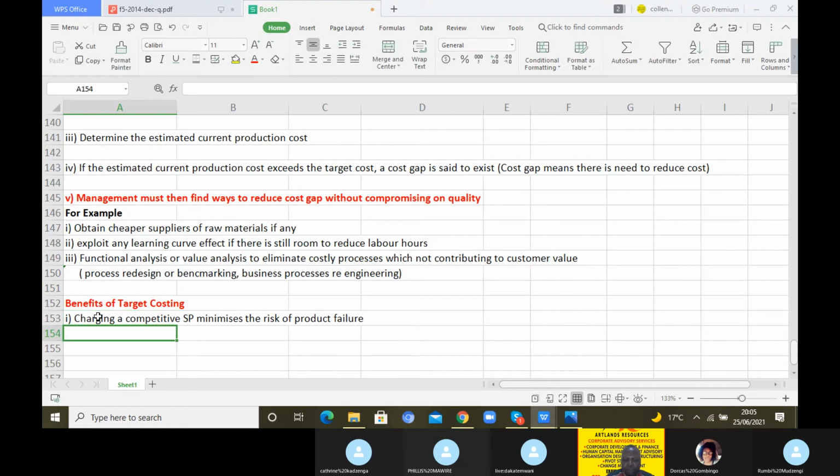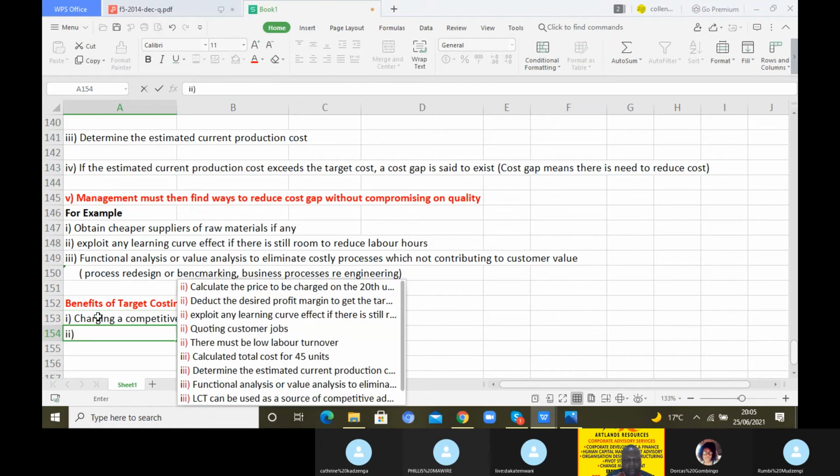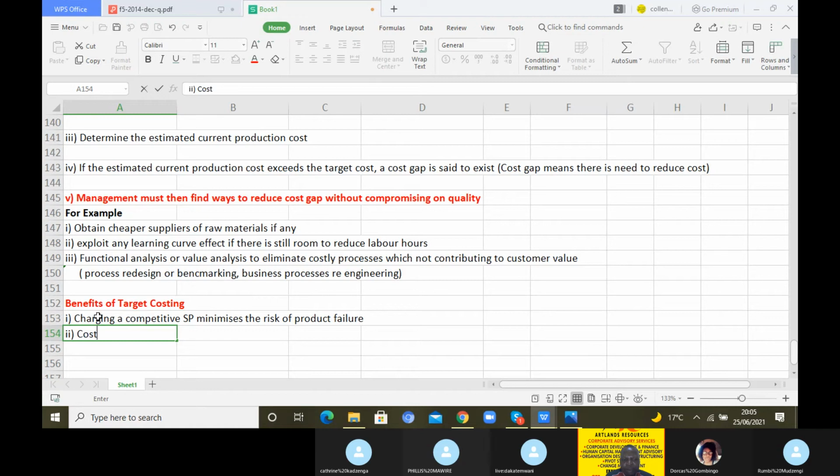Number two, another benefit is costs are reduced prior to production. We called this feed forward, and I told you that it doesn't even have the issue of variance analysis. We don't do variance analysis in target costing because we reduce costs before we produce.